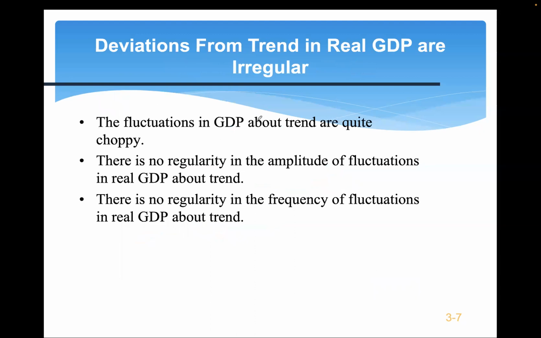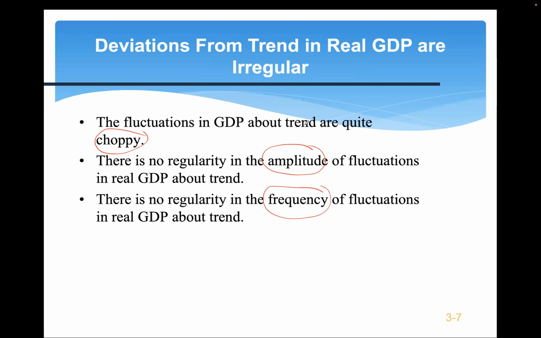First, let's look at some regularities, or summarized facts, stylized facts, and then I'm going to show you the graph, the real data. The fluctuations in GDP about trend are quite choppy. There's no regularity in the amplitude of fluctuation, and there's no regularity in the frequency of fluctuation.